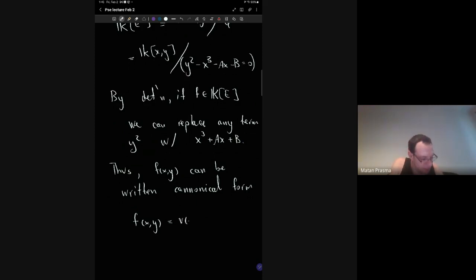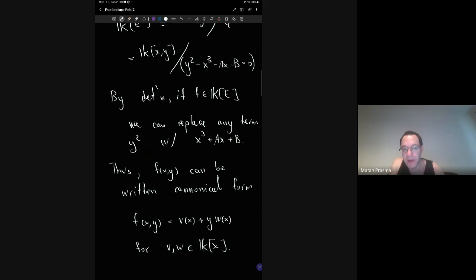Say v(x) plus y w(x) for some pair of polynomials v and w in one variable, right? Polynomials in x. Because I replace all the terms y squared.